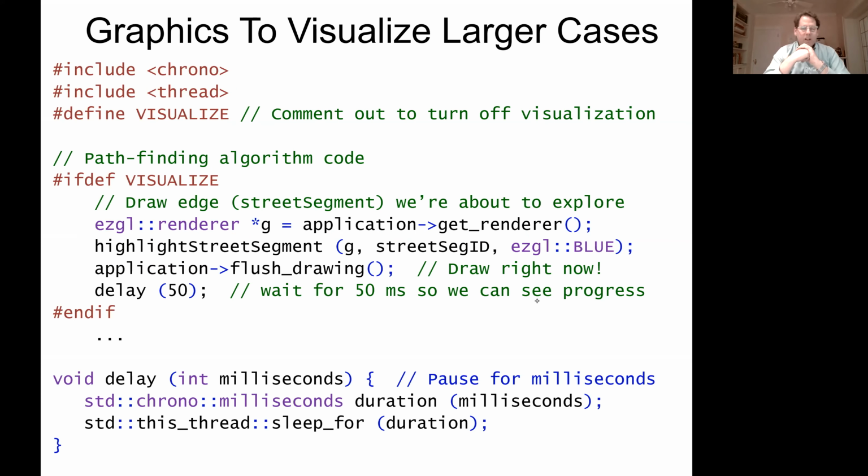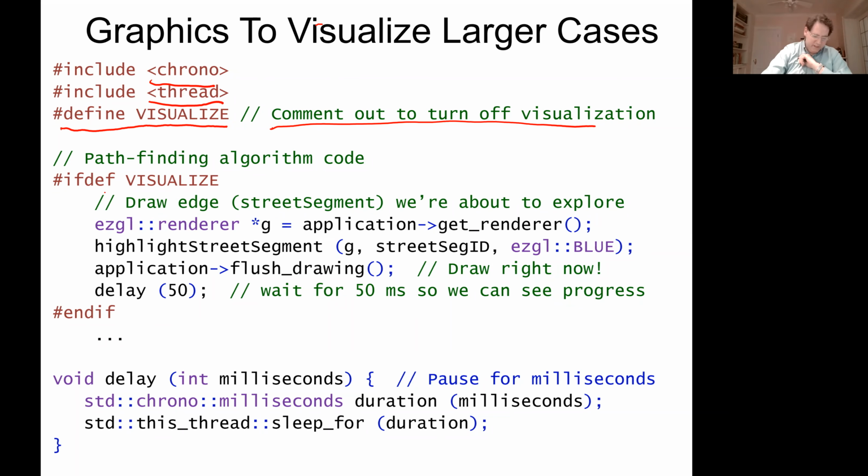So what does it look like to visualize these larger cases? It's not much code. So here's the basic skeleton of the code that we're using in our reference solution. We're including Chrono, so we can get some timing functions, and we're including the threading libraries so that we can call their delay functions. I'm defining a preprocessor variable called visualize so that I can easily turn off all of this visualization code when I submit, so that I'm not going to slow down my code at all, for sure.